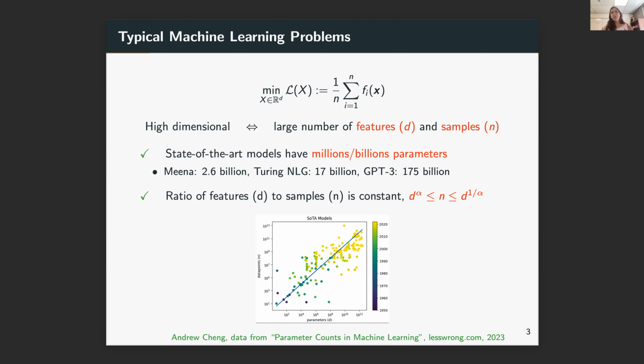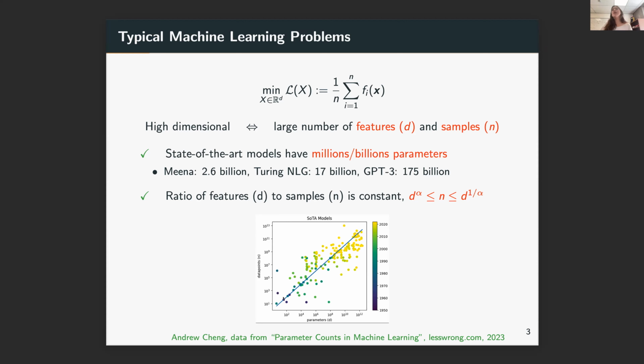If you look at the current state-of-the-art models, and you plot parameters, D, versus number of data points, you'll see a linear relationship between the two. That is to say that as we increase the number of samples, we're also somehow increasing the space that we're minimizing over. So in fact, the regime these machine learning problems work in is this proportional regime, where both N and D are growing, but proportionally to each other.